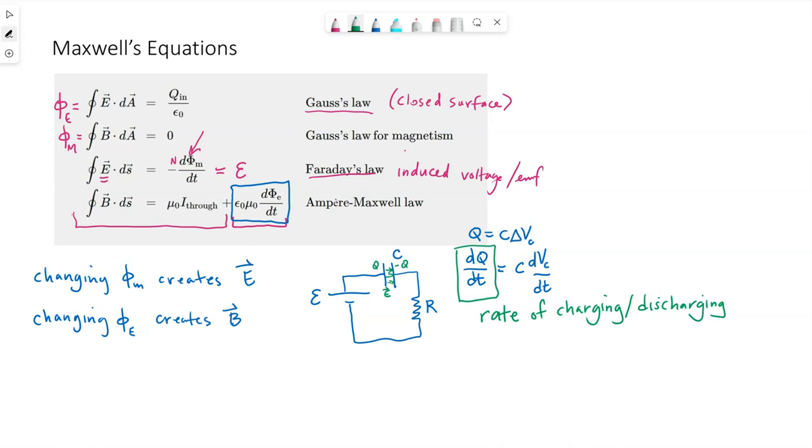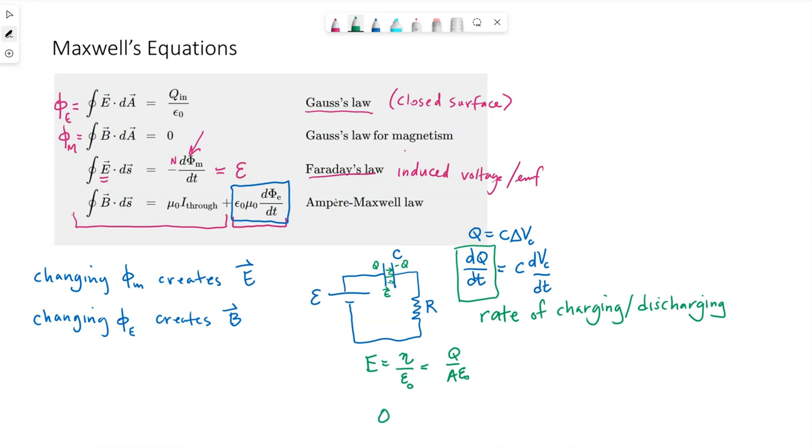If you recall, the electric field between the plates of a capacitor was equal to the surface charge density divided by epsilon naught. But surface charge density was charge per area. Oops, sorry.